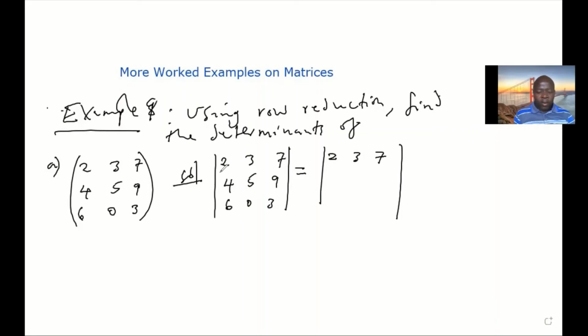So I need to multiply row 1 by 2 and subtract from row 2 to get the new row 2. So 4 minus 4 is 0. 5 minus 6 will be negative 1. 9 minus 14 will be negative 5.